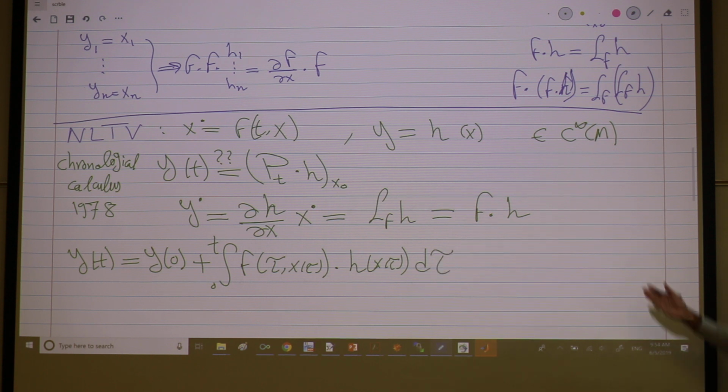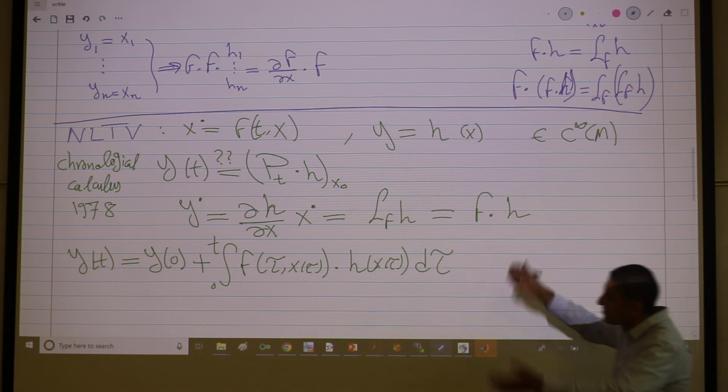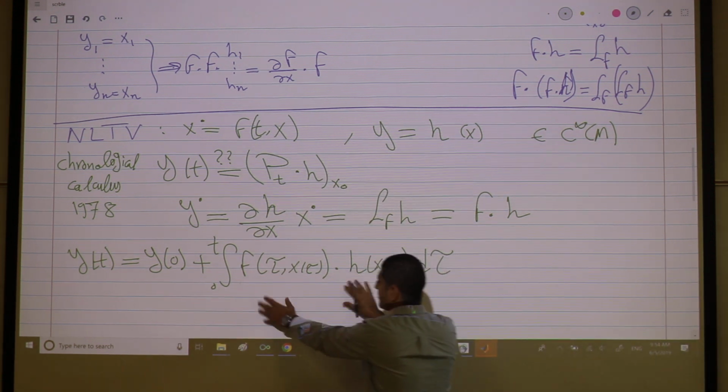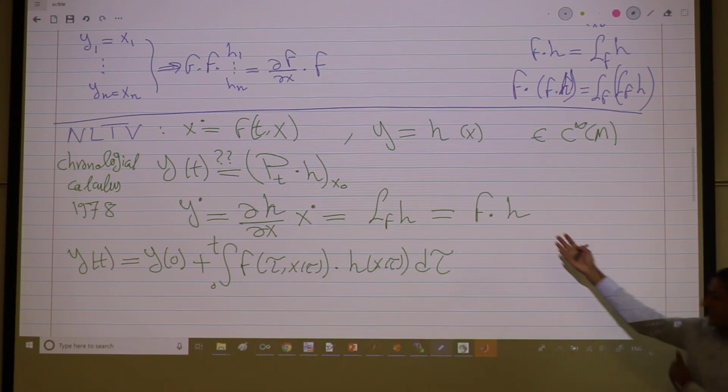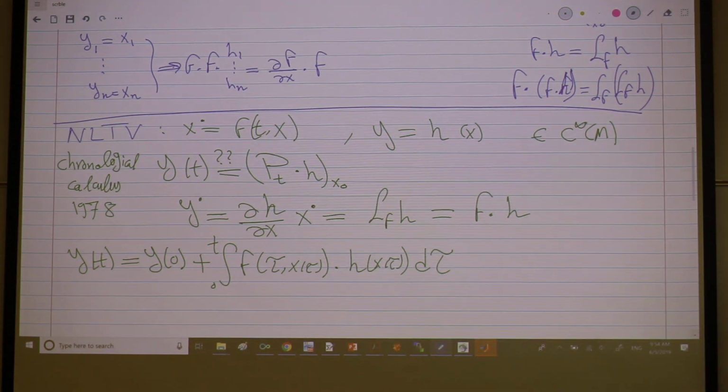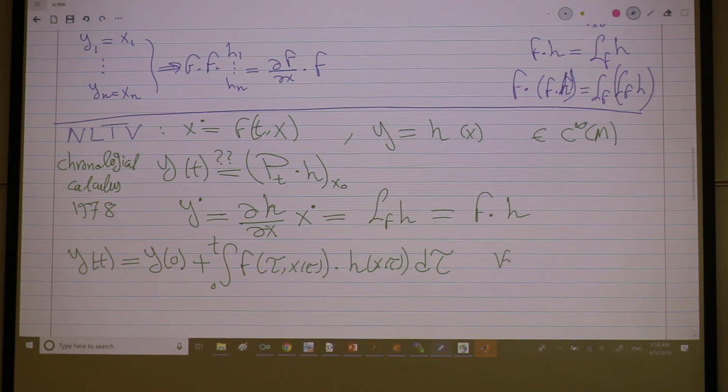Any question about this equation? Initial value plus the integral of whatever you have. The issue is that we don't know how to do this integral because x varies and we don't know it. You need to solve the differential equation together, right? Any questions so far? So this is for any t, for any time. This is just, you can say, the definition of the solution of the differential equation.